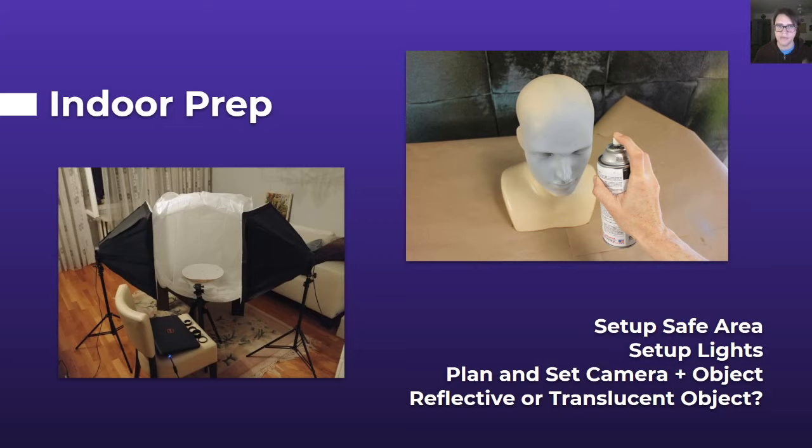If it's in the middle of the living room, make sure that if you have kids, they're off in bed and not going to knock over anything, because you just need everything to be consistent and safe. You're going to want to set up your lights so that they're even. You're going to want to really plan the best location for your object and your camera.